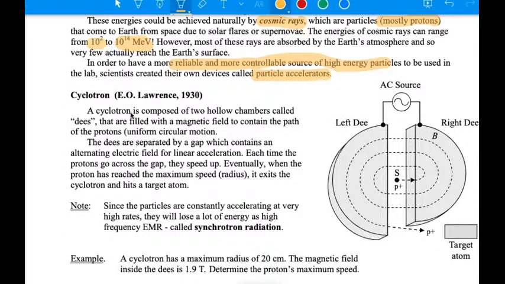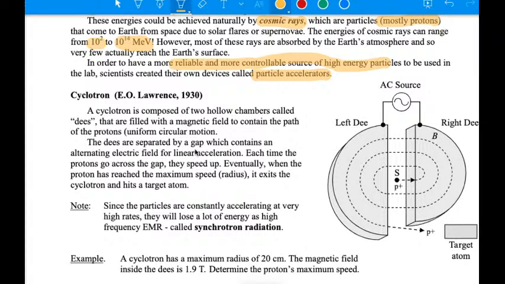So the cyclotron, created by E.O. Lawrence in 1930, has these two hollow D-shaped chambers, which they actually call these. They're filled with a magnetic field powered by this alternating current source. That is quite a strong magnetic field, and it starts with this proton in the center here being ejected and traveling in these uniform circles across this gap here.